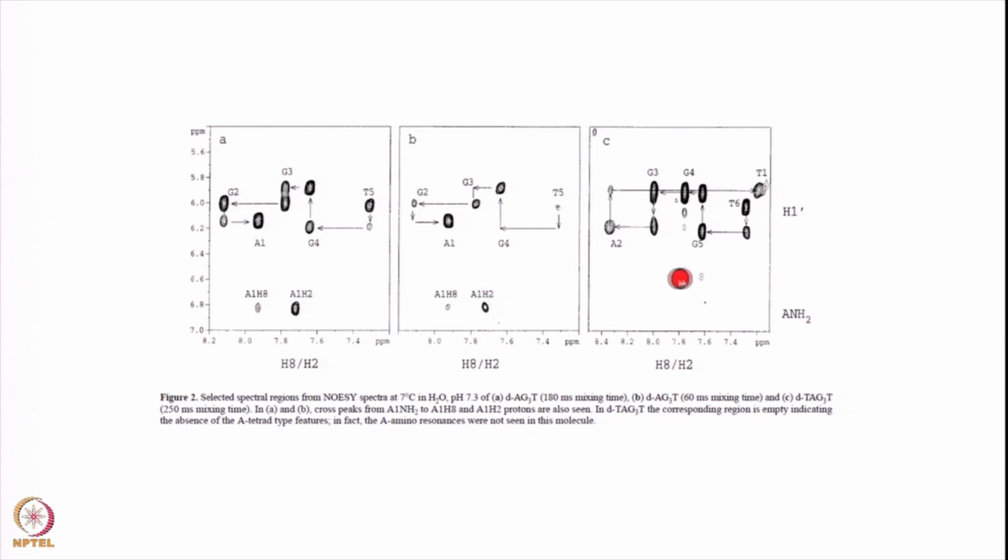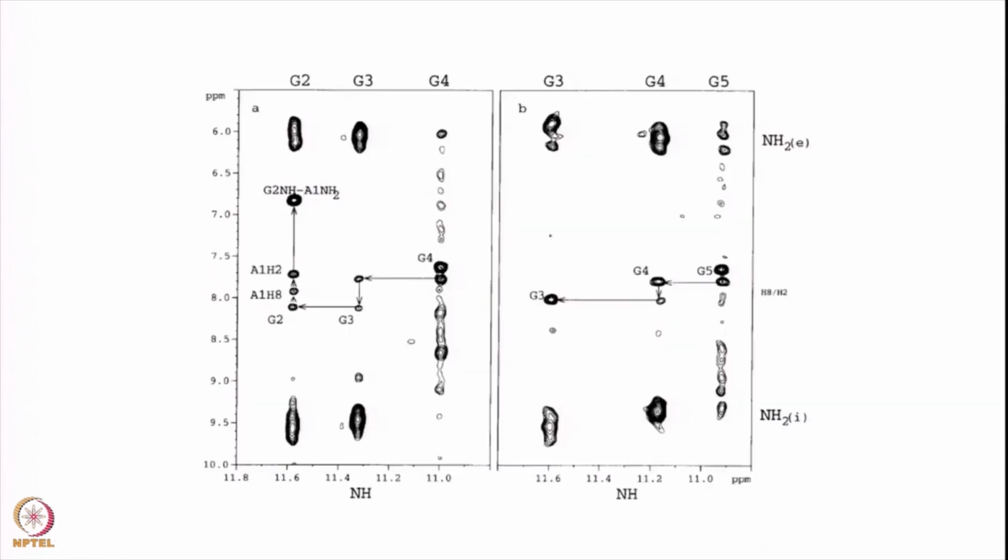Normally you do not see this. For example, if you took this molecule, TAG3T, you do not find that. And what does this tell you? This actually is telling us that the A is also forming a quadruplex. A is also forming a tetrad, and that was an interesting observation here. And of course this was confirmed by various other amino NOEs here.